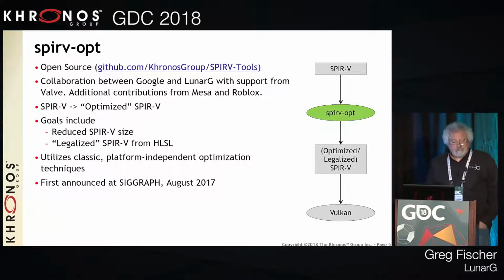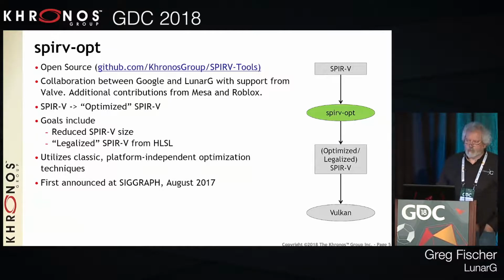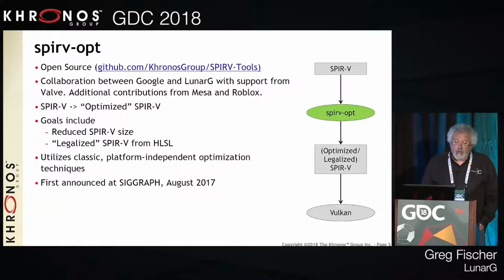All right, so SPIR-V opt. This is a part of the SPIR-V tools project in the Khronos group on GitHub. It's a collaboration, and it's essentially Google that maintains it. The work that I'm going to talk about today is a collaboration between folks at Google and LunarG with support from Valve and some additional significant contributions from folks involved with Mesa and Roblox.